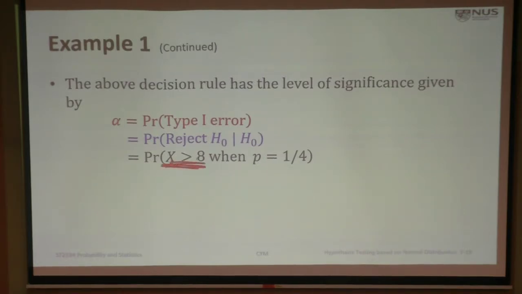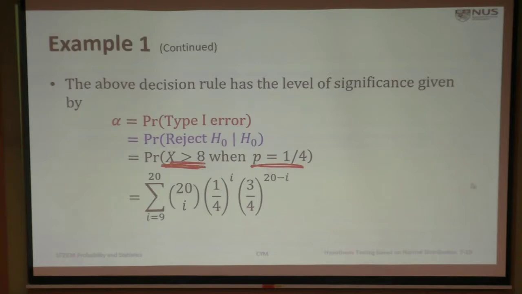That means when X is bigger than 8, given that P is 1/4, that means the new vaccine has only 0.25 as the percentage still effective after 2 years. But if this is true, how likely are we to see X bigger than 8?